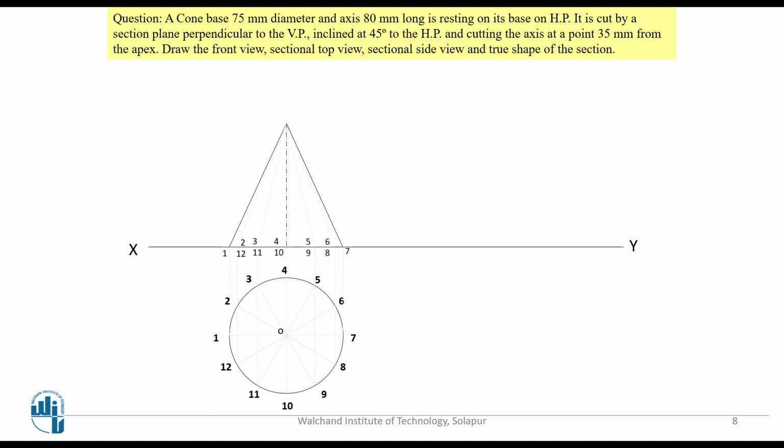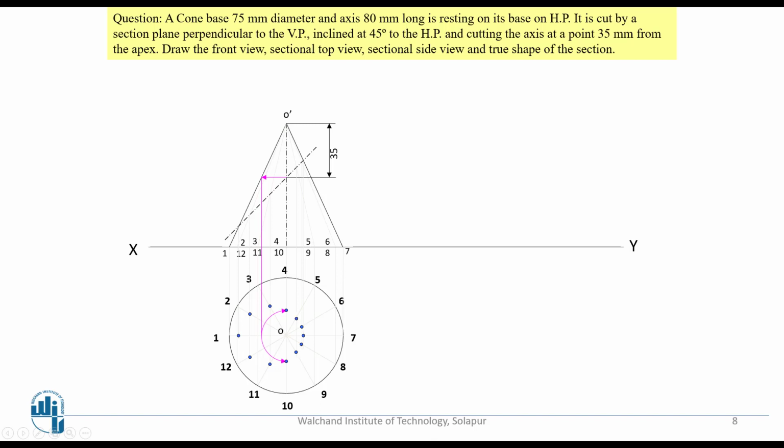This is a problem of a cone. A cone of base 75 millimeter and 80 millimeter long is resting. 75 millimeter and 80 millimeter are given in the problem. I'm not going to bother about the initial projection of the solid.